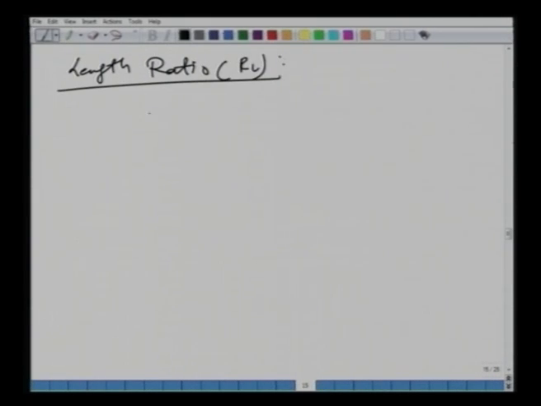Moving on, the next parameter we would look at is called the length ratio RL. It is defined as the ratio of Li plus 1 over Li.